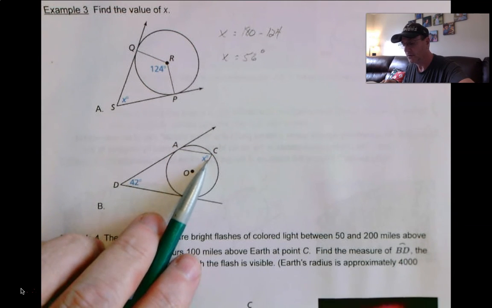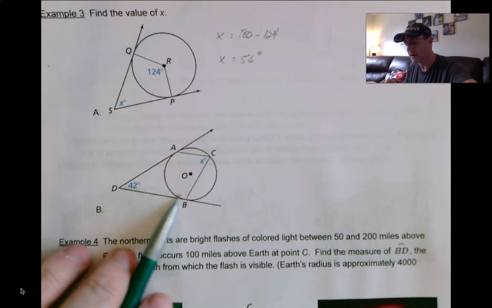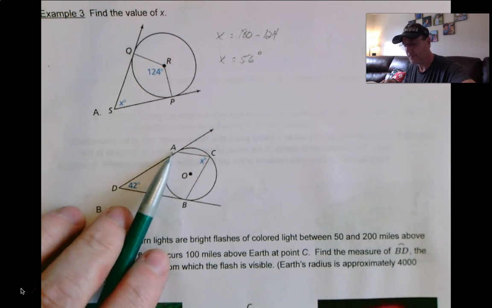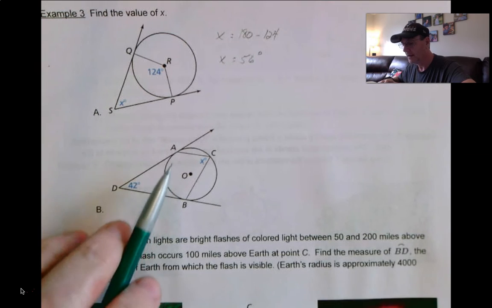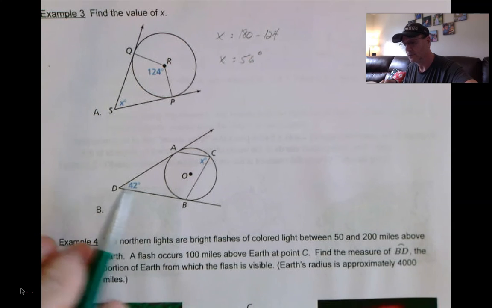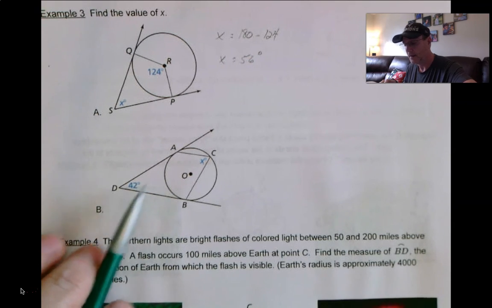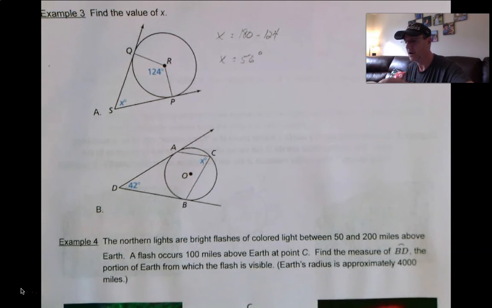This inscribed angle is equal to half of this intercepted arc here, because it's an inscribed angle. This intercepted arc is equal to the central angle. So if we can find the measure of the central angle, knowing the exterior angle, and then divide it by 2, we're going to get this arc.